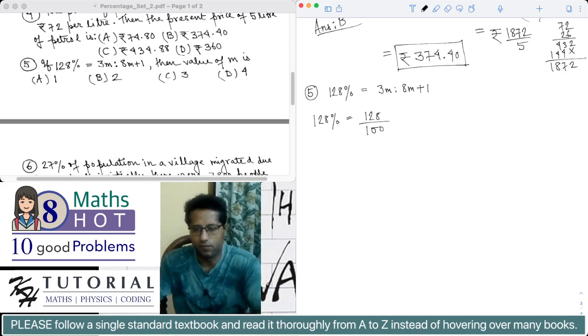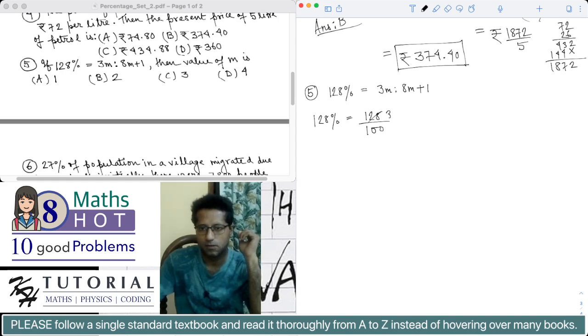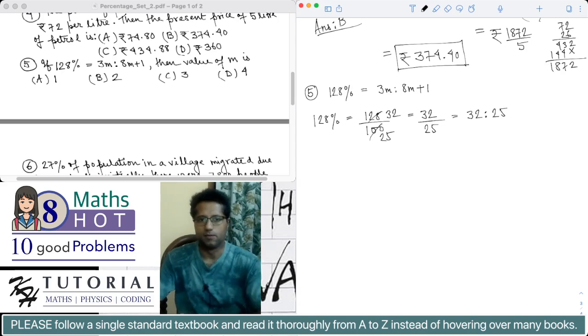So if we reduce this fraction 128 by 100 to its simplest form, let's divide by 4, we have 32 and 25. So this is the fraction in its simplest form. So we can say that 128% is equal to 32 is to 25.